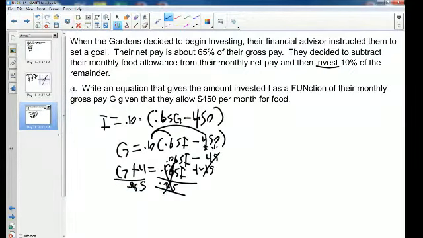And again, that'll be used if you want to find out how much they make from their investment into it.